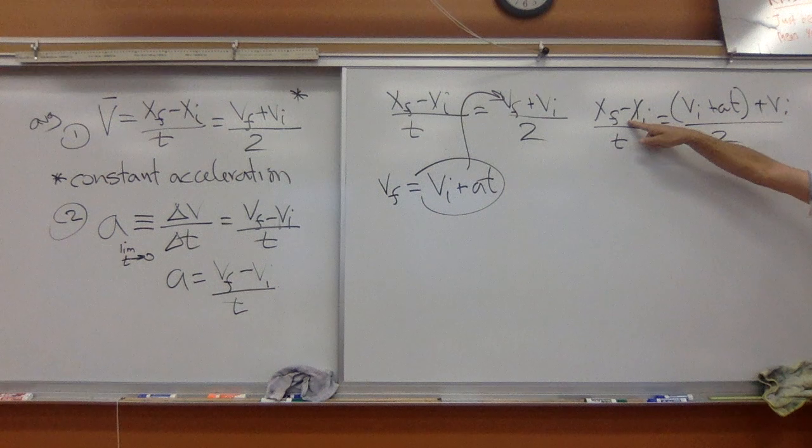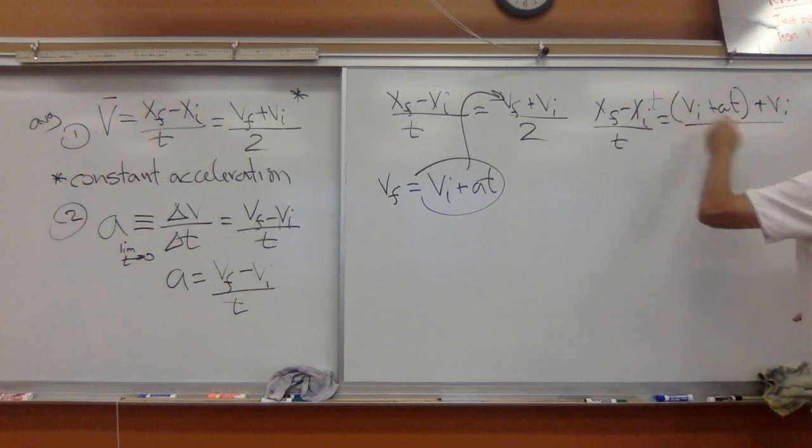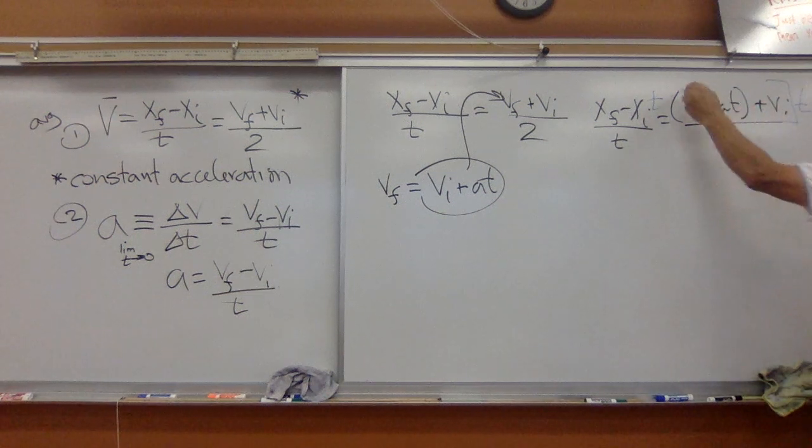Now I want to get this all by itself, so we're going to multiply both sides by t.